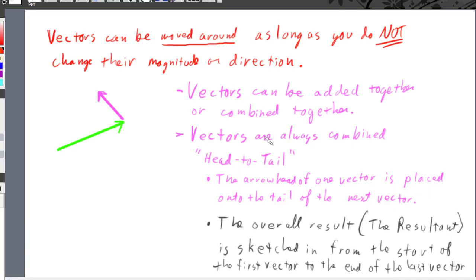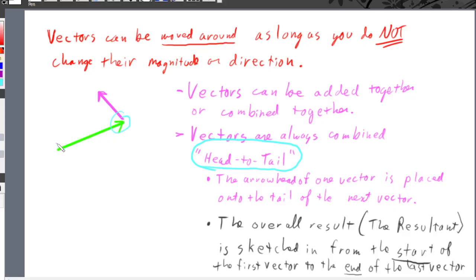All right. So here's what I want us to understand with this idea is that while vectors are added head to tail, just like this, the resultant is sketched in from start to finish.